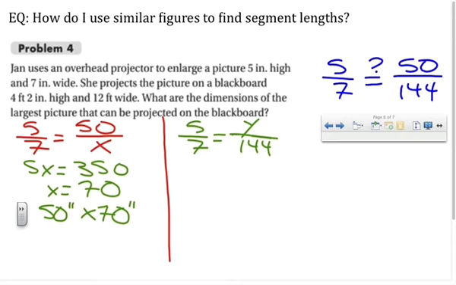We have 7y equals 720, which means y is 102.9 approximately.